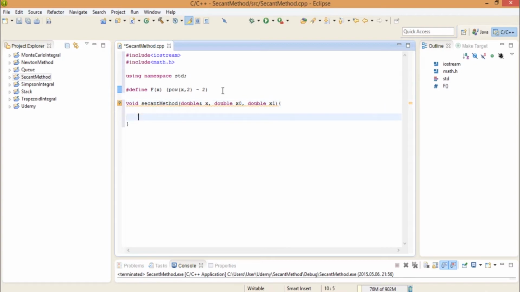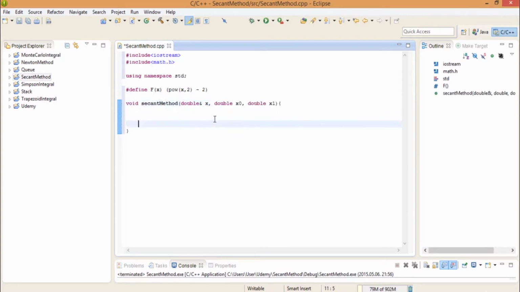As we have discussed in the theoretical section, we have two initial positions. Okay, and while the fabs of f(x1) is greater than the error term.